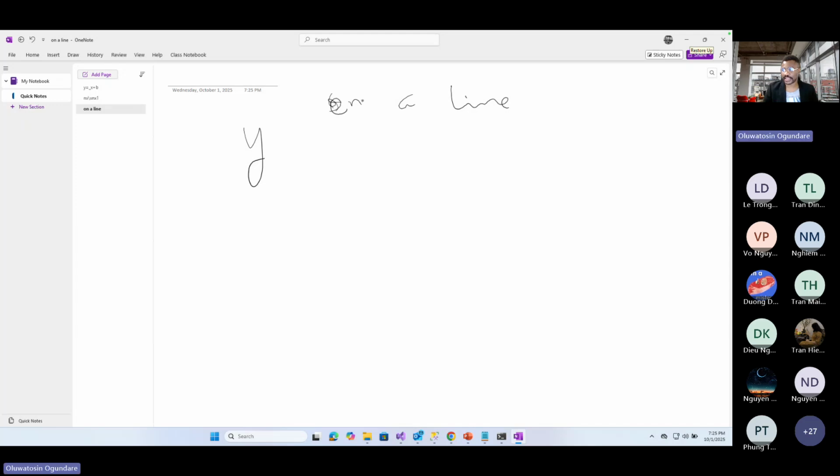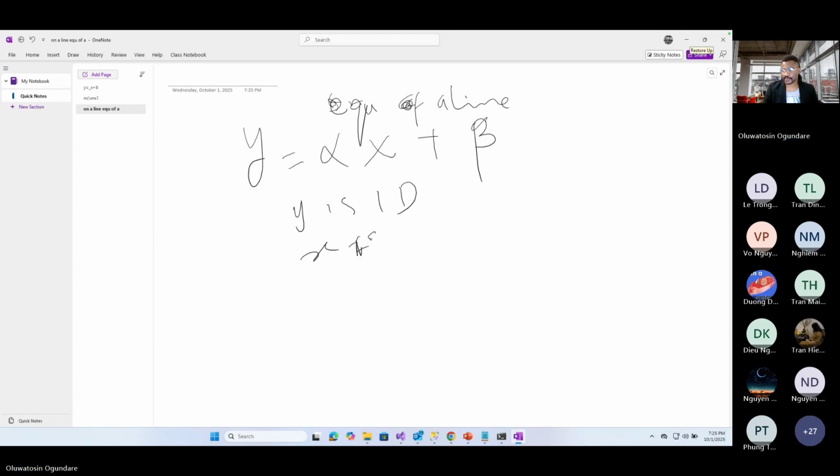The equation of a line is y equals alpha x plus beta, when y is 1D. Consequently, x is 1D, alpha is 1D. By 1D, I mean one dimension, which means a number. Beta is 1D.